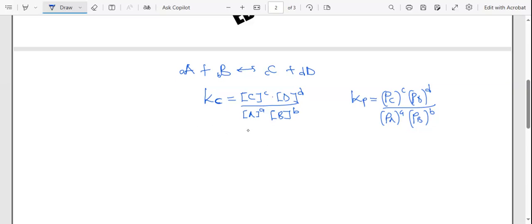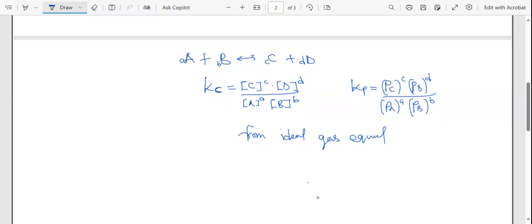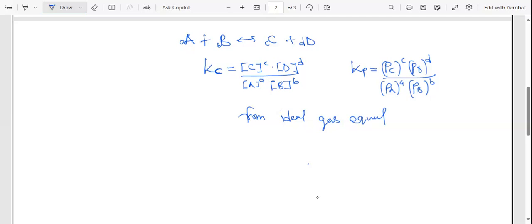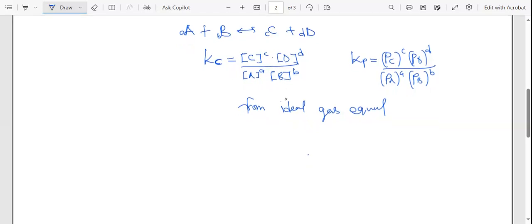Now, from the ideal gas equation, we know that PV is equal to nRT.